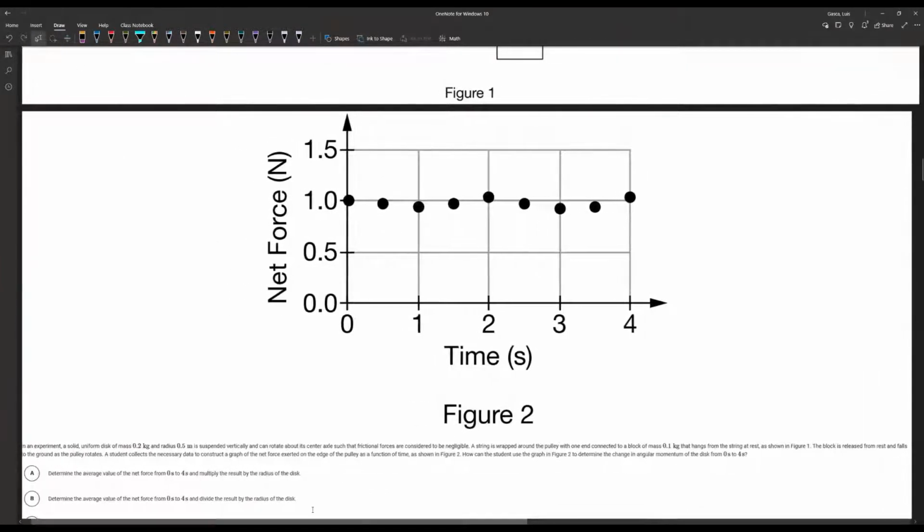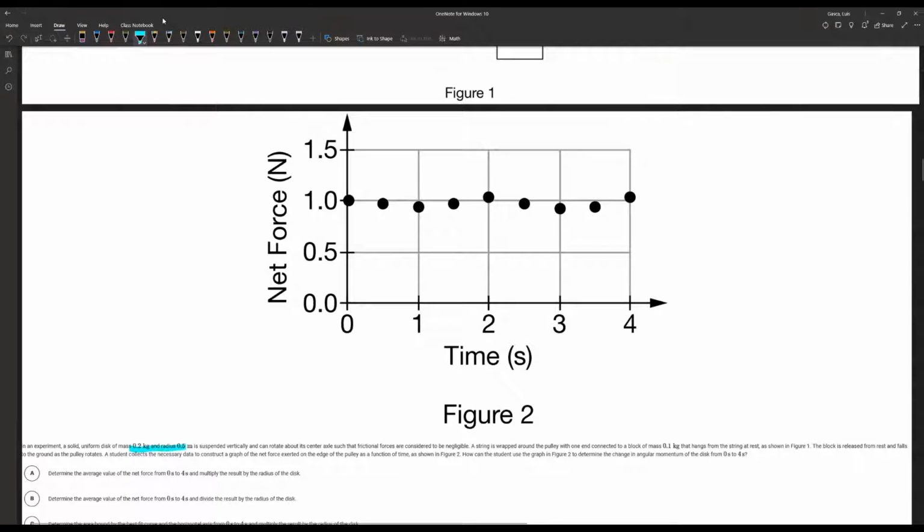In an experiment, a solid uniform disc of mass 0.2 kilograms and radius 0.5 meters is suspended vertically and can rotate about its center axle such that frictional forces are considered to be negligible. A string is wrapped around the pulley with one end connected to a block of mass 0.1 kilograms and hangs from the string at rest as shown in figure 1.